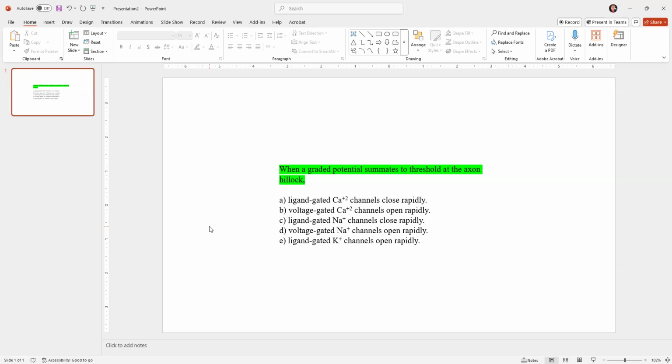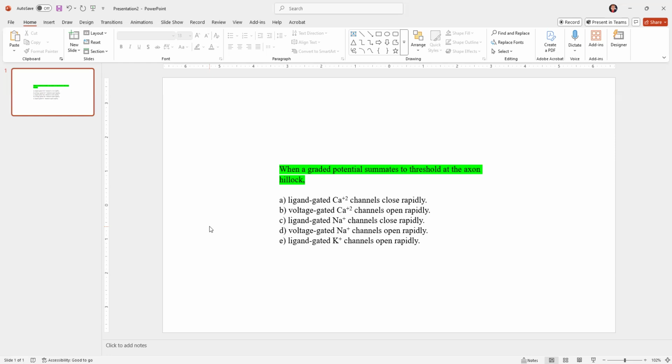But in this case, they're talking about a graded potential. Graded potential is electrical. So your voltage gated channels open. And in case of a neuron, now your IPSPs are your ligand gated and they can open chloride channels and go negative. But at the axon hillock, when you hit threshold, it's always voltage gated sodium channels. That's the difference between your graded potential and your action potential.